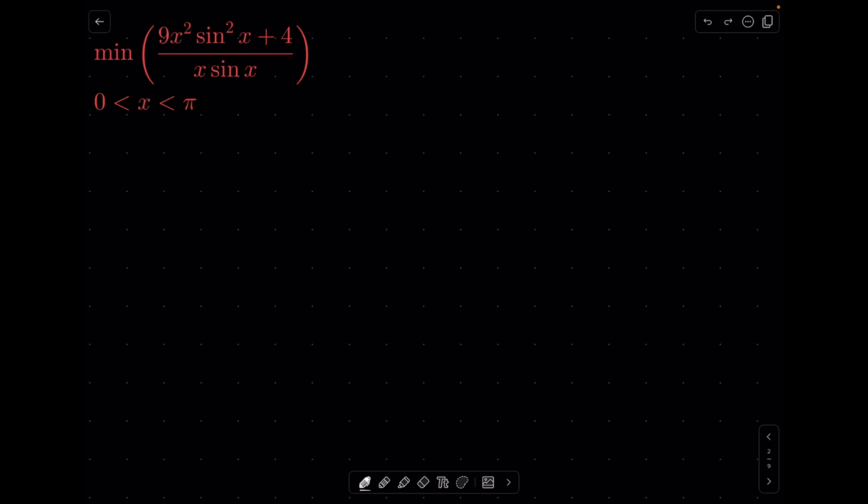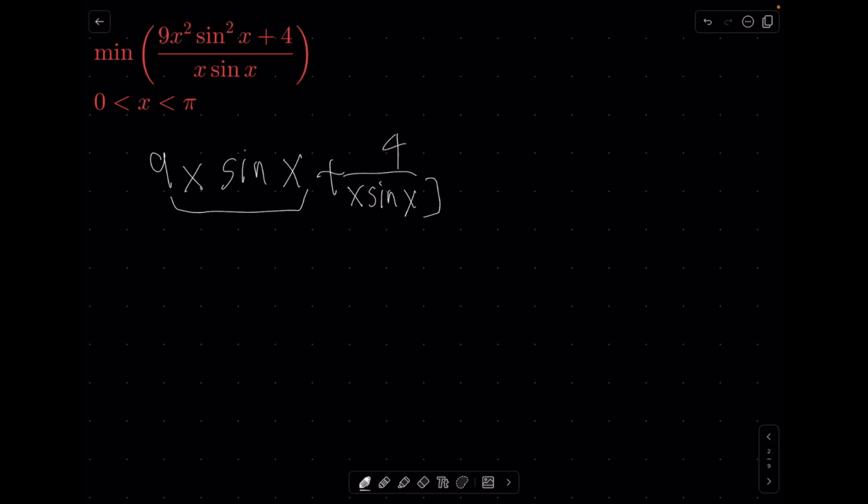Okay, hopefully you're back. We can divide both sides by x sine x, just simplifying, plus 4 over x sine x. This looks very easy to do with AM-GM because we have the large term here, and we also have the large term in the denominator.